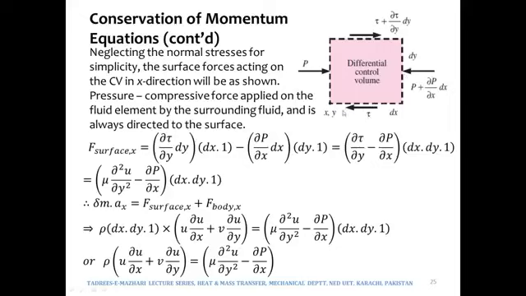Again over here it is tau, and over here it would be dou tau by dou y times dy. So it has been written in the same form as we wrote the velocity while deriving the conservation of mass equation, and in the same manner that we wrote change in temperature while deriving the heat diffusion equation.